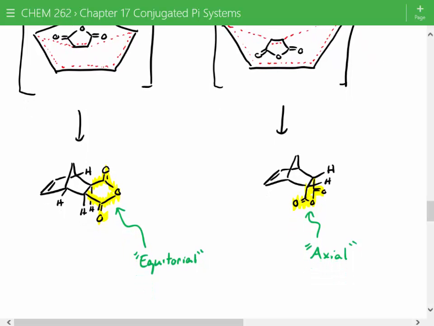So most of the time, we end up observing the endo product. Chemists using modern techniques can exclusively get endo or exo, but if you were to run this without some of the newer catalysts, you would probably 90% of the time observe the endo product.